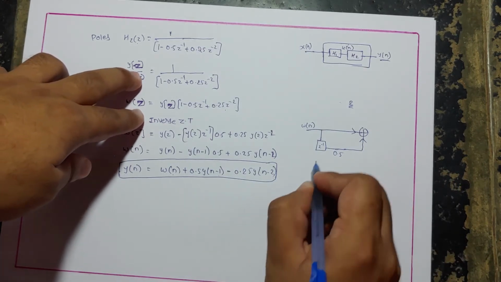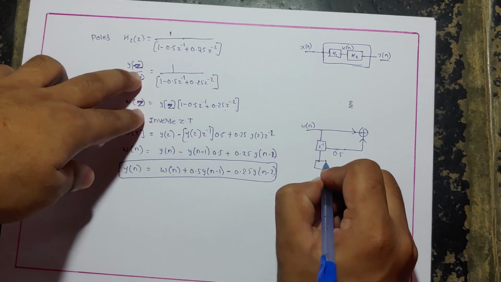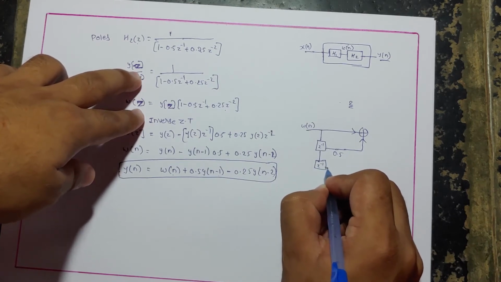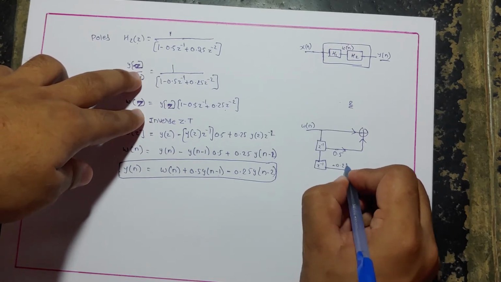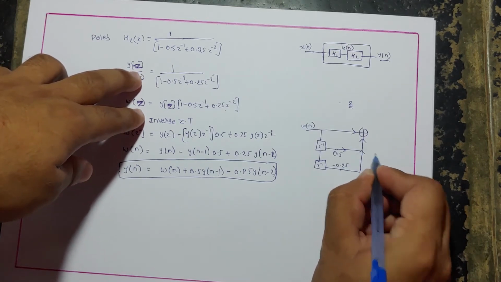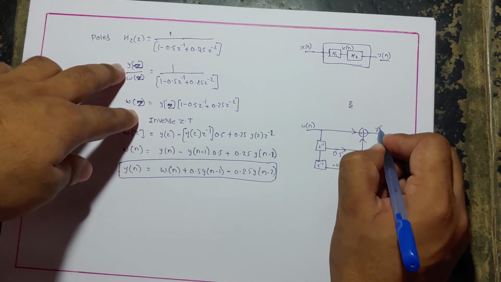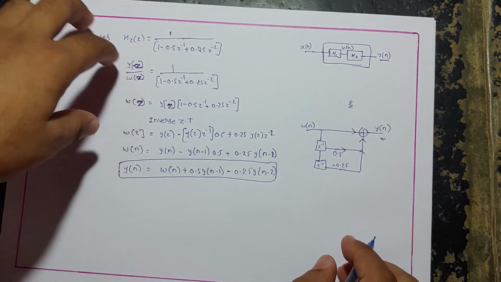For y of n minus 2, add another delay element, and the output of this is multiplied with minus 0.25, and it is added to the previous system to get the output y of n. This is the realization.